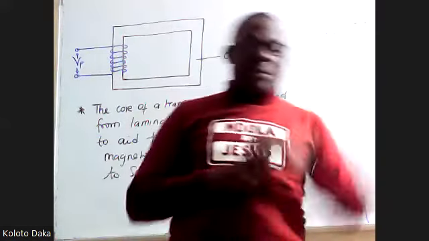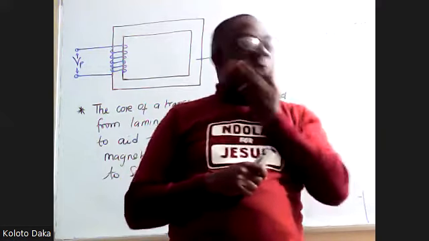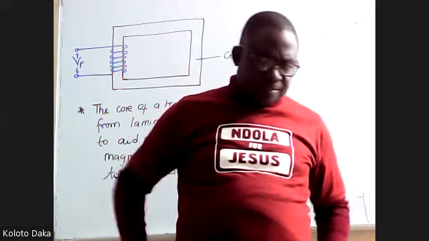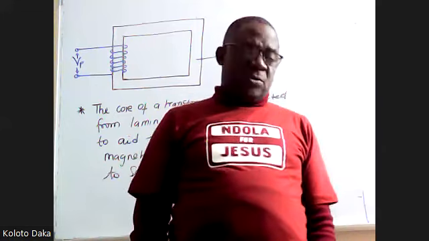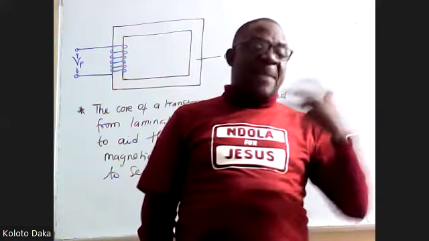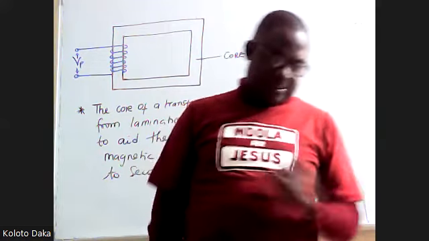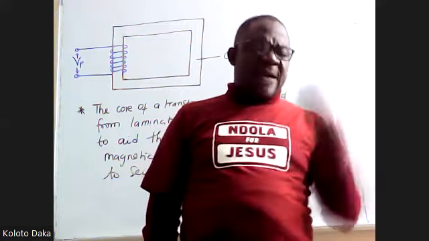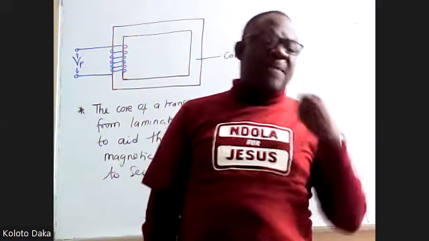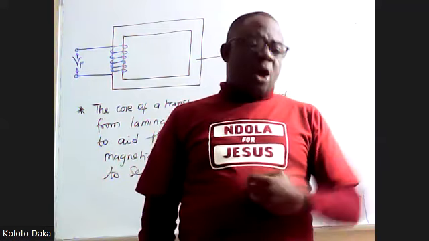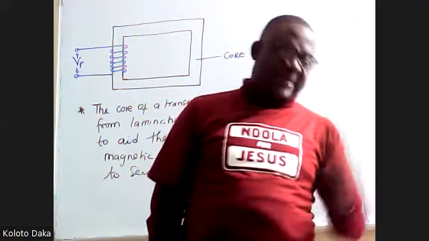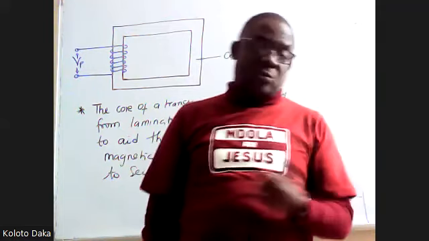The core is made of silicon steel, which is simply an alloy of iron. And this silicon steel is there to ease the permeability, the movement. Listen, current is to conductivity, as magnetism is to permeability. A material that can easily conduct electricity, we call it a good conductor of electricity, for example copper, aluminum and silver.